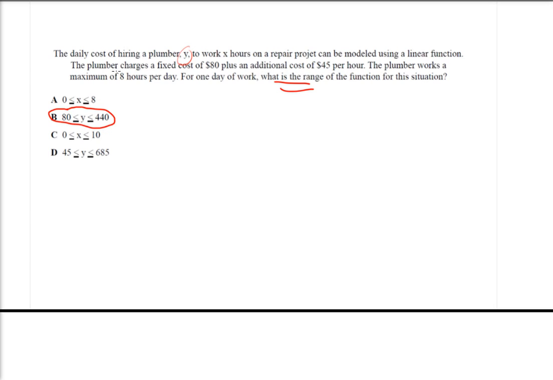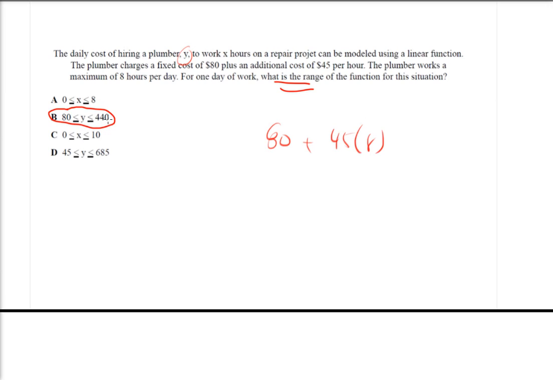The plumber works a maximum of 8 hours per day. So for 1 day of work, what is the range? How much are you going to pay? So the range is the y. We could pay 80, or if he's there for 8 hours, it's going to be 80 plus 45 times 8.